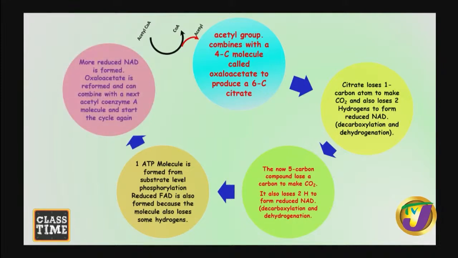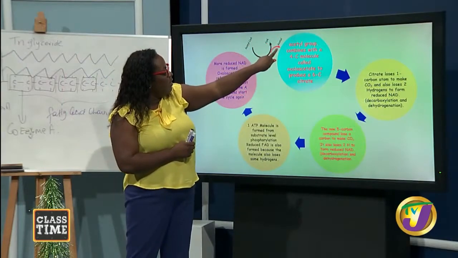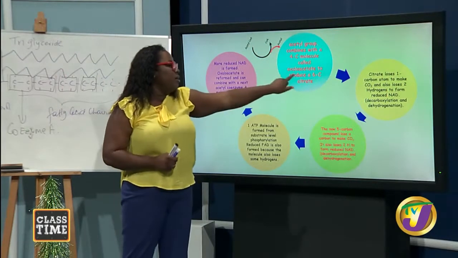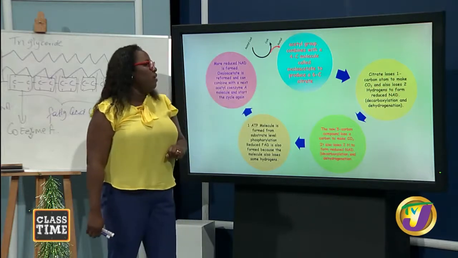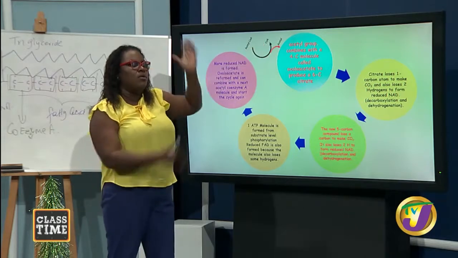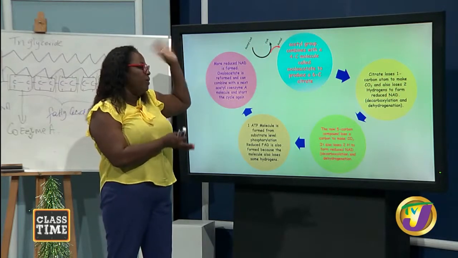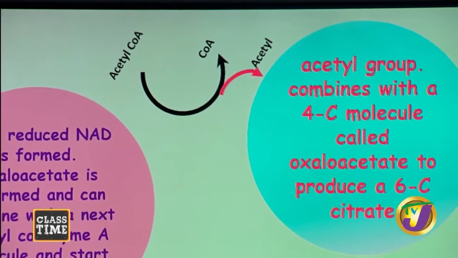So I hope you're able to see this and recognize that what I just said is what happened from the acetyl coenzyme A leaving off the acetyl group to combine with oxaloacetate or oxaloacetic acid to make the 6-carbon citrate. When this happens, the coenzyme A goes its own way to pick up a next acetyl group, and the cycle continues.